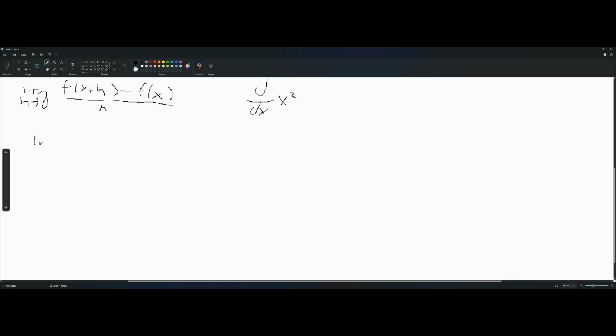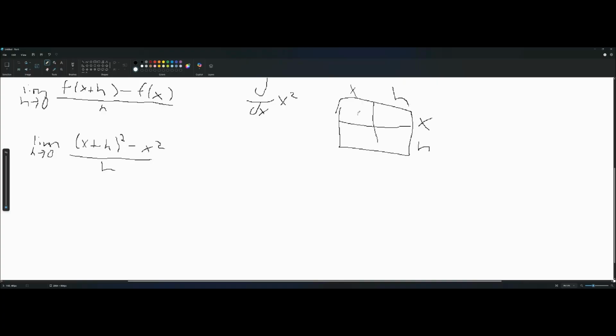Well, this would just be the limit as h approaches 0 of x plus h squared minus x squared over h. And for this, we can just evaluate this by multiplying these, right? Sorry, I can't do this mentally.